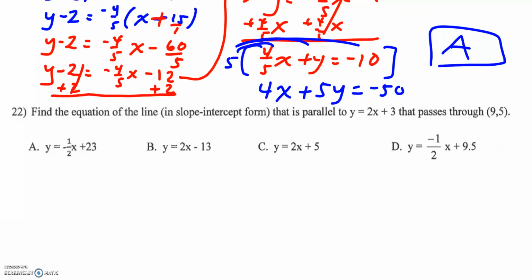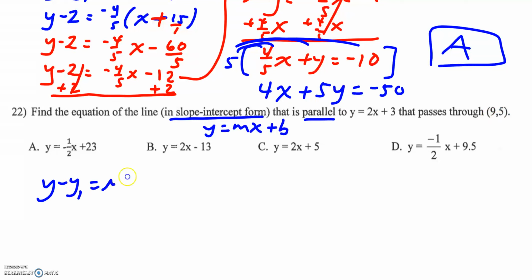Number 22, find the equation of a line in slope-intercept form, or y equals mx plus b, that is parallel to y equals 2x plus 3 and passes through this point. So we want an entirely new equation. So in the end, I'm going to be using this formula again.